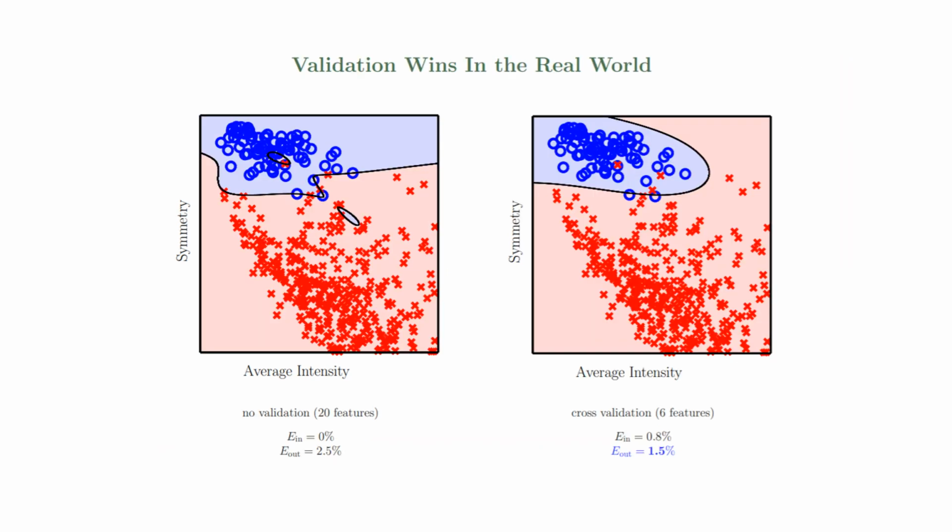So that's my goal. On the left hand side you can see no validation, and based on my E in I used all 20 features. On the right hand side you can see I'm using cross validation. Based on cross validation I picked the 6 feature model. On the left hand side, the one with no validation, you can see that there is overfitting.